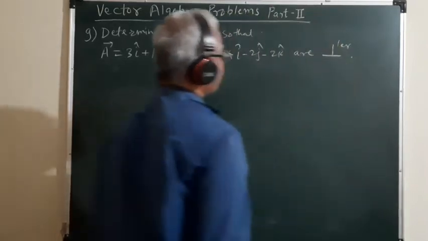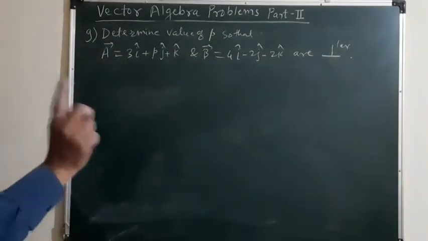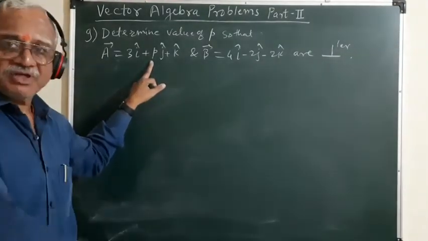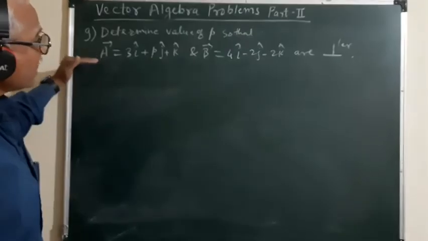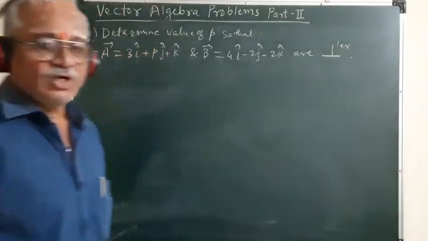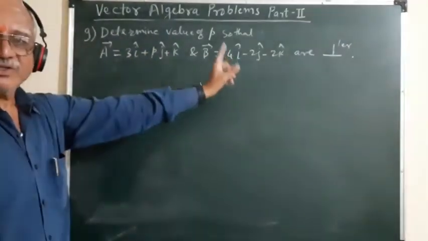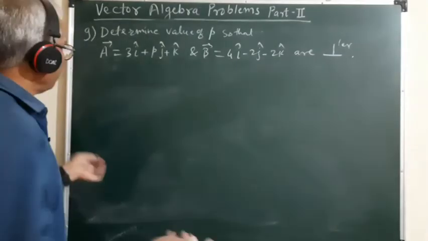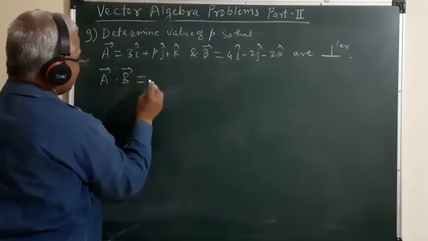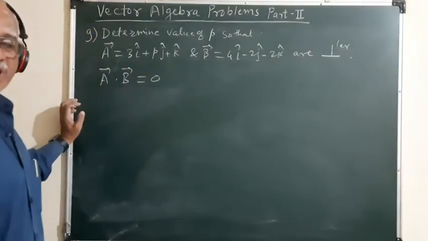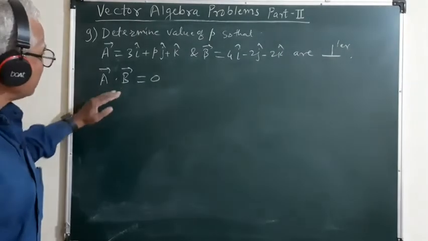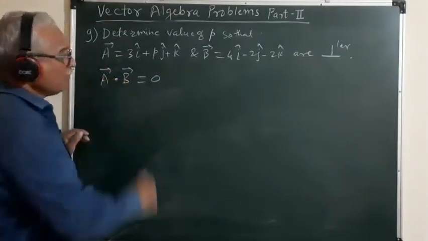perpendicular to each other. Here you are asked to find the value of P such that for that particular value of P, the vectors A bar and B bar will be perpendicular to each other. So for these two vectors to be perpendicular, it is a must that the dot product of these two vectors must be equal to 0.